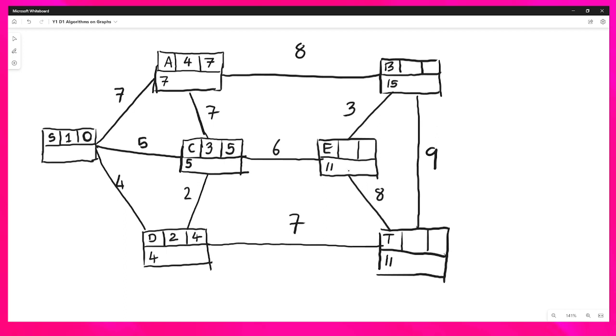I'm going to choose E first. So E to T is 8, 8 plus 11 is 19, so we don't write that down. E is 11, plus B is 3, which gives us 14, so we write a 14 down.